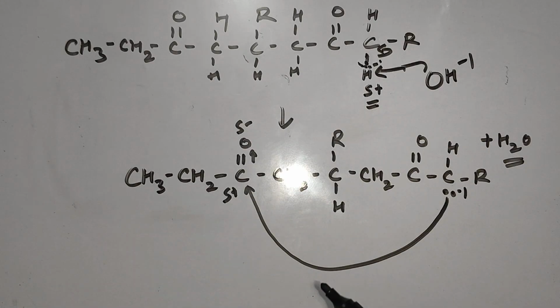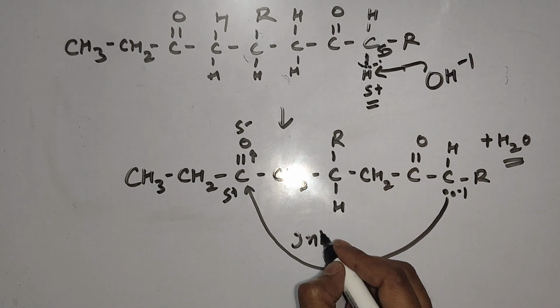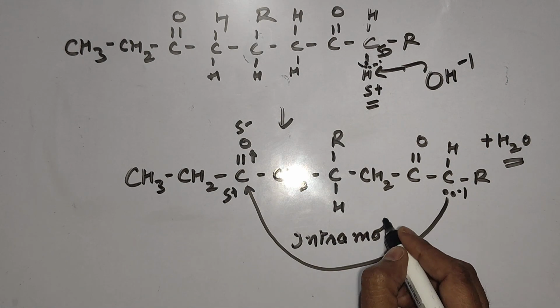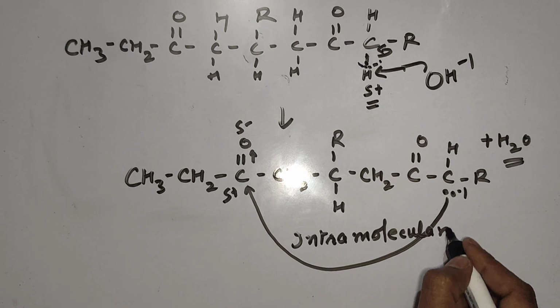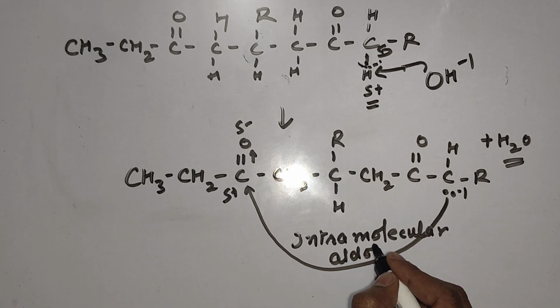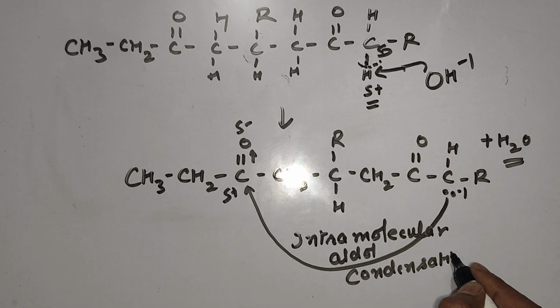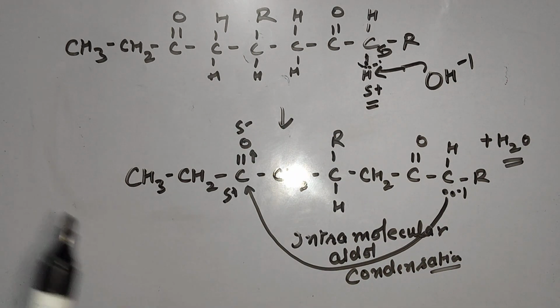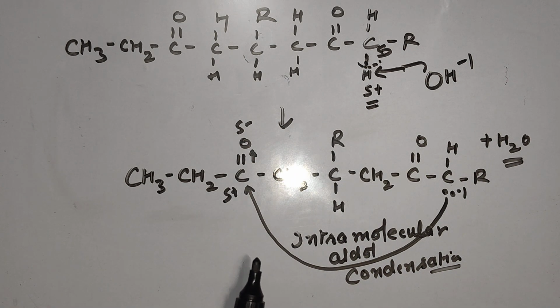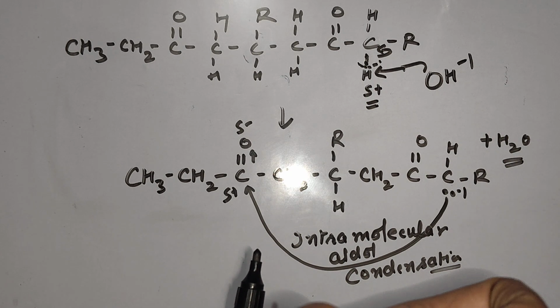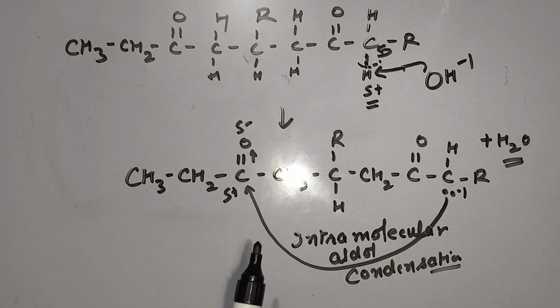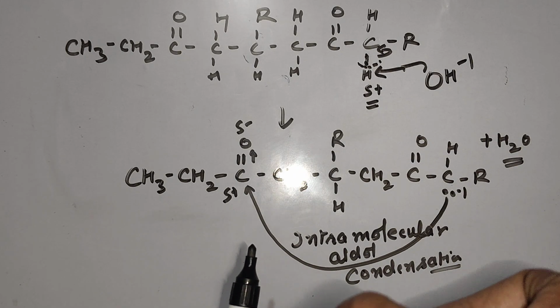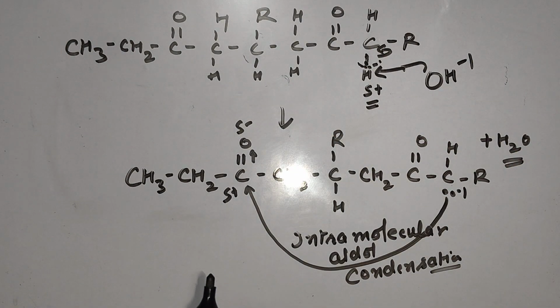And this reaction is known as intramolecular aldol condensation. In 12th class it is available. And the first reaction which we have done, in which the ketone was attacked by base and a carbonyl was generated, and that carbonyl reacted with the alpha beta unsaturated ketone, we call Michael addition.